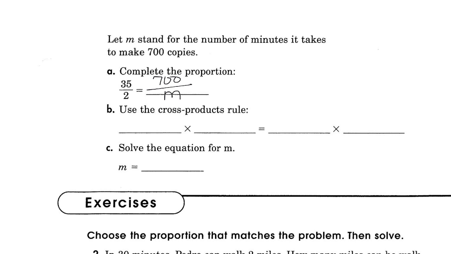Then if we cross multiply, we would have 2 times 700, and we would have M times 35. Then if I come down here, I'm going to have 35M equals 1400.